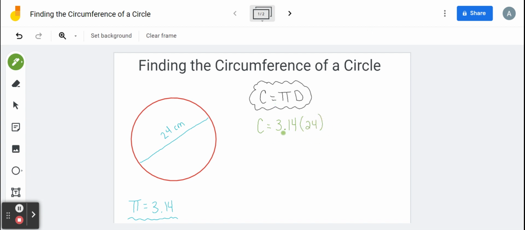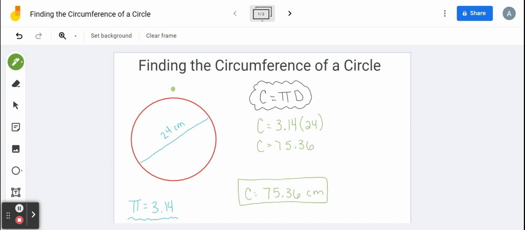So now we're going to multiply 3.14 times 24, which is 75.36. So the circumference is 75.36 centimeters.